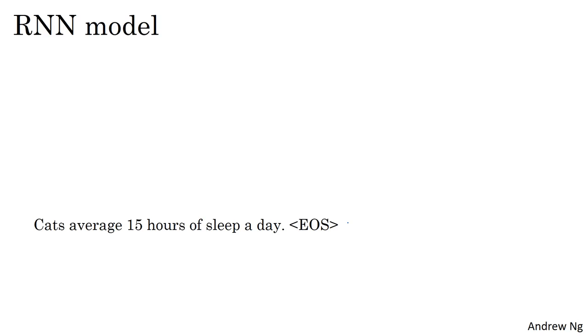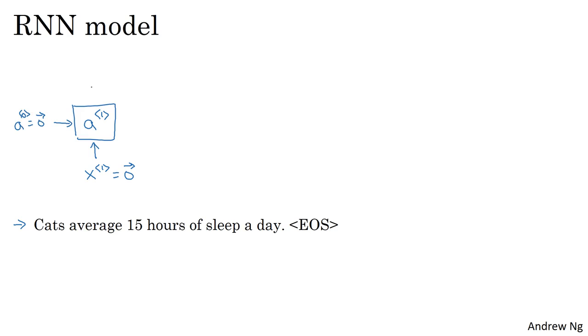But you'll see that in a little bit. So let's go on to build the RNN model, and I'm going to continue to use this sentence as the running example. This will be the RNN architecture. At time 0, you're going to end up computing some activation A1 as a function of some input x1, and x1 would just be set to a zero vector, and the previous A0 by convention also set to a vector of zeros.